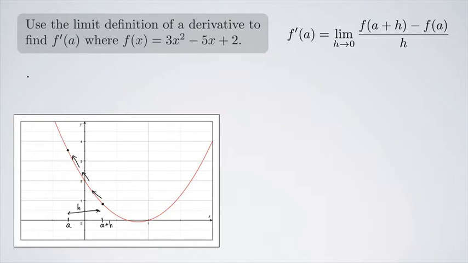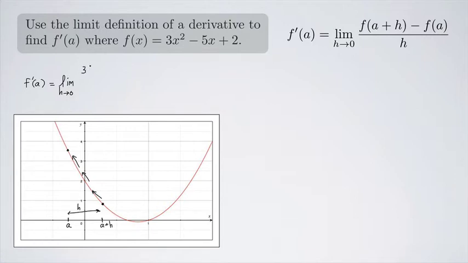Okay, let's calculate it. So f prime of a is, and same thing as before, keep writing limit out front up until the point where you actually take the limit. So this time it's limit as h approaches 0 of f of a plus h. Okay, so I have f of x. The way this works is everywhere you see an x, you replace it with a plus h.